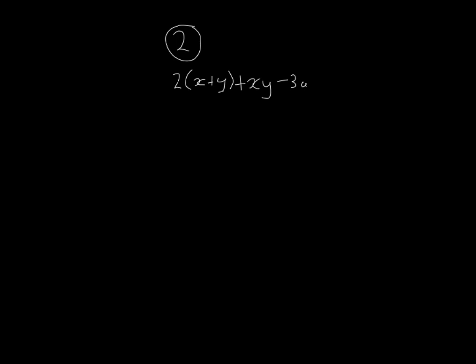Question 2 once again asks us to identify the number of terms in this expression. And as I said previously, terms are separated by pluses and minuses. So this means that we have a term over here, and over here. So that means that our answer is 3 terms.